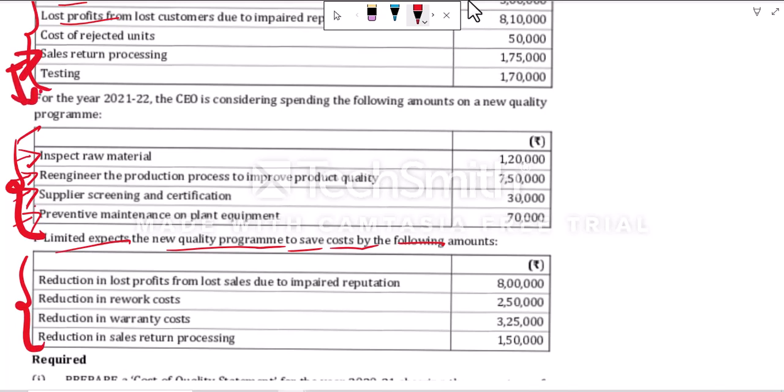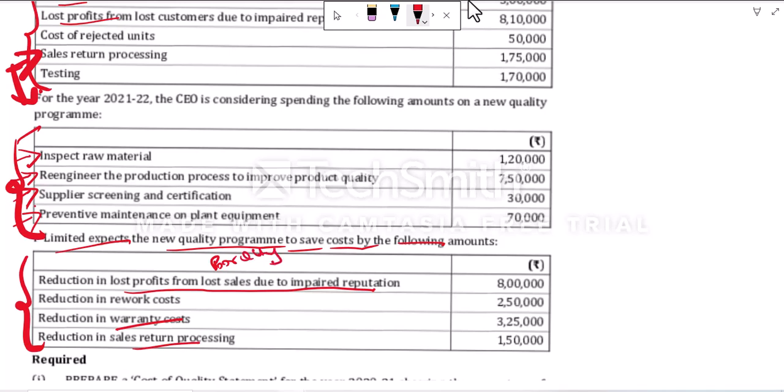We have discussed this in class itself. If we incur more on quality, we will incur less on loss of quality. So obviously there will be a reduction in the bad quality cost: reduction in lost profit from lost customers due to impaired reputation, reduction in rework cost, reduction in warranty cost, reduction in sales return processing. All these are cost of poor quality.